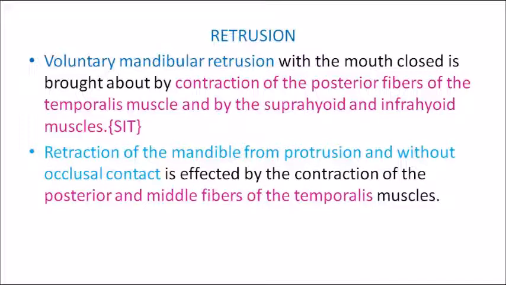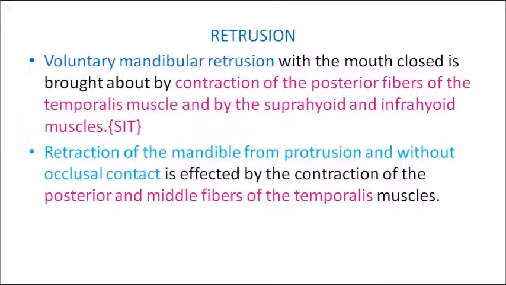When we were learning temporalis, we already mentioned that posterior fibers are associated with retrusion and anterior fibers are associated with clenching. So voluntary mandibular retrusion is brought about by suprahyoid, infrahyoid and posterior fibers of the temporalis muscle.